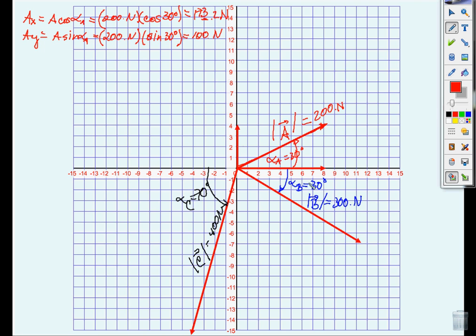We have the component in X and the component in Y. Now let's go to vector B, which is this one right here. And let's get the components for vector B. The components for vector B are going to be this one right here and this one in here.